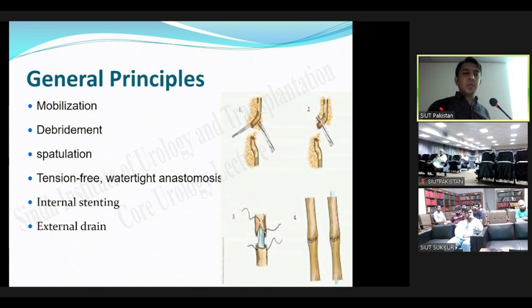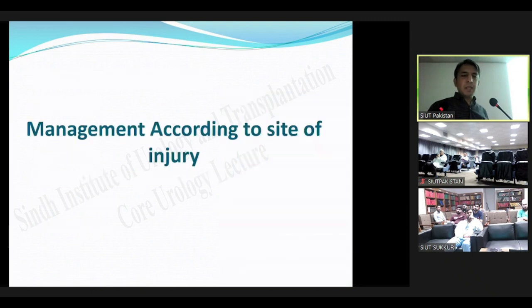It should be very meticulous, just to achieve bleeding edges, and then proper spatulation, and the anastomosis should be tension free and watertight with internal stenting and external drain.